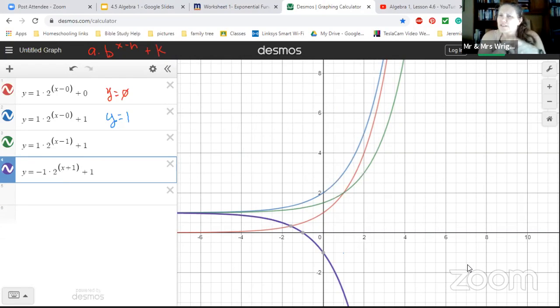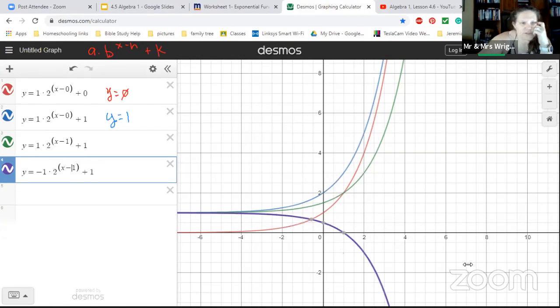But notice it didn't reflect over the x-axis. What did it reflect over? It reflected over the asymptote. Remember, the asymptote is y equals 1 right here. It was a direct reflection over the y equals 1 line, from the green to the purple.